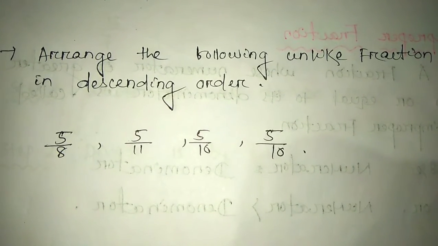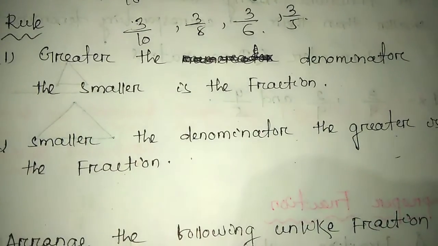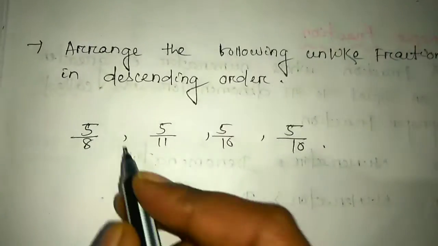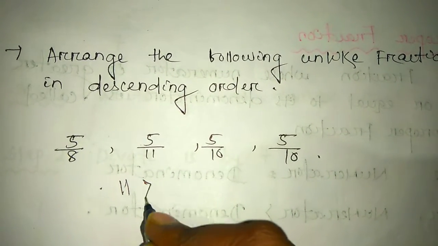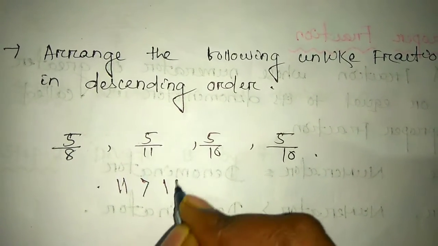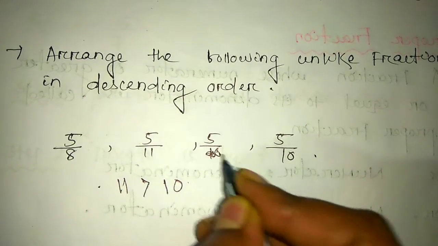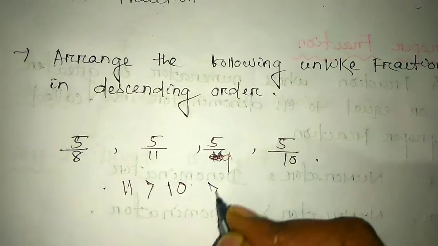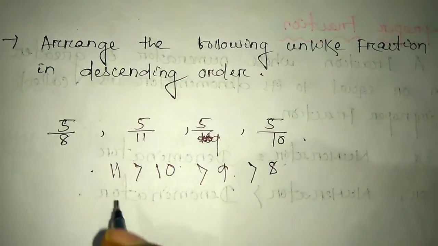Arrange the following unlike fractions in descending order. So we have to follow this rule. Here 11 is greater than 10, and 10 is greater than 9, and 9 is greater than 8.